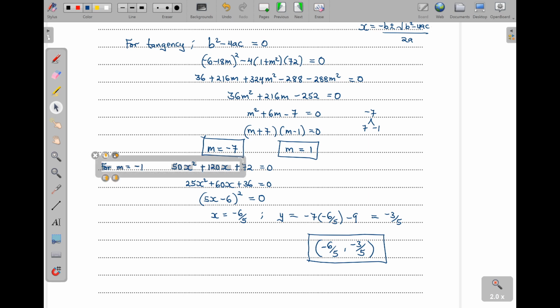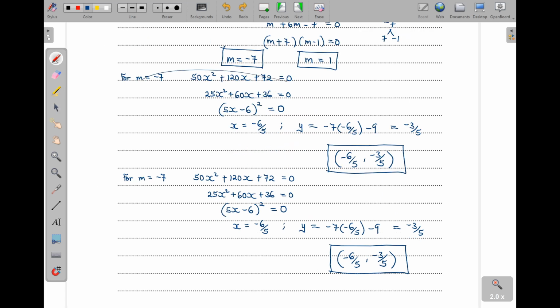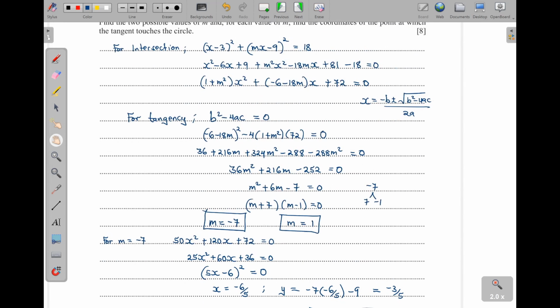Then the next one, of course, it is going to be the same for m, which is equal to, and by the way, pardon me here, this one is negative 7. Not negative 1. Then for m, which is equal to positive 1, what do we have here? So I just duplicated this one here, but here m is 1. So if m is 1 and then I go here and I substitute here, this one will be a 2.